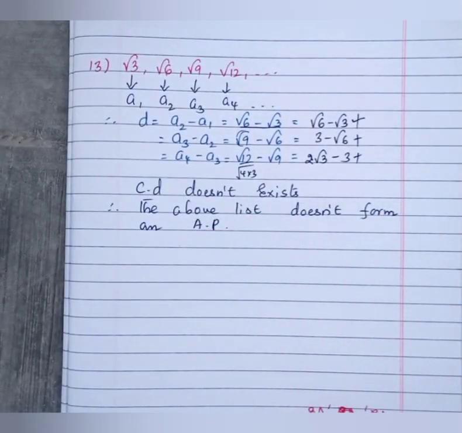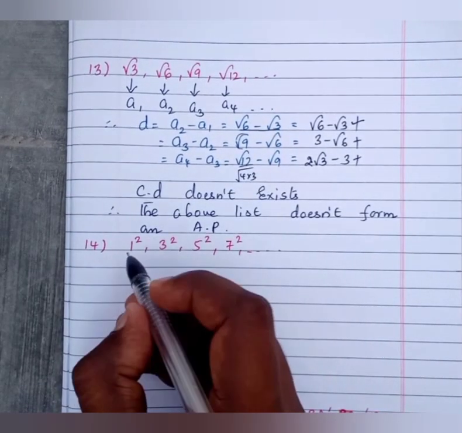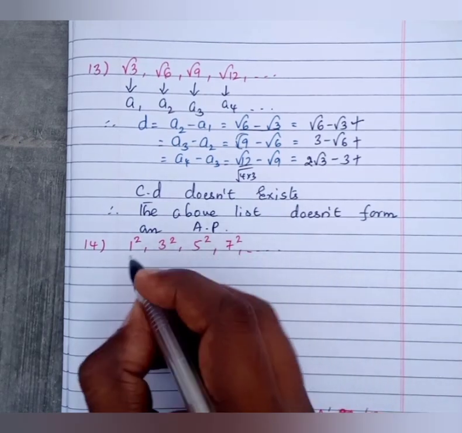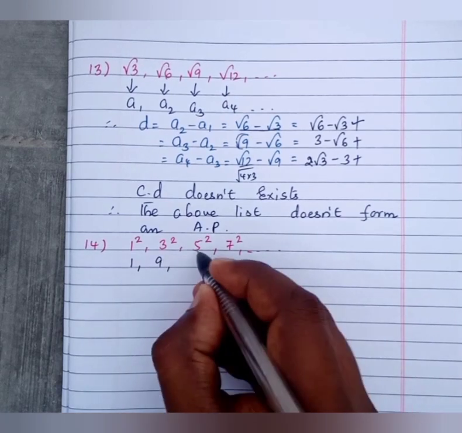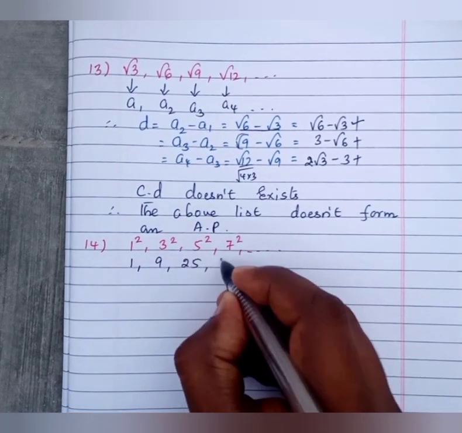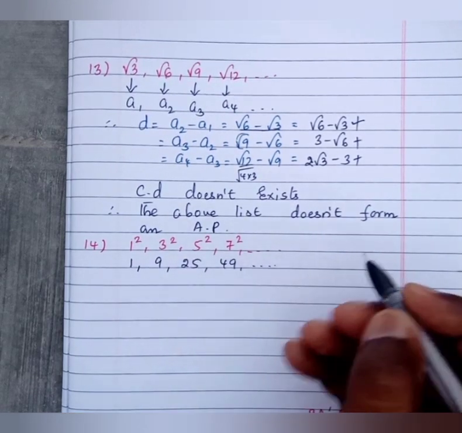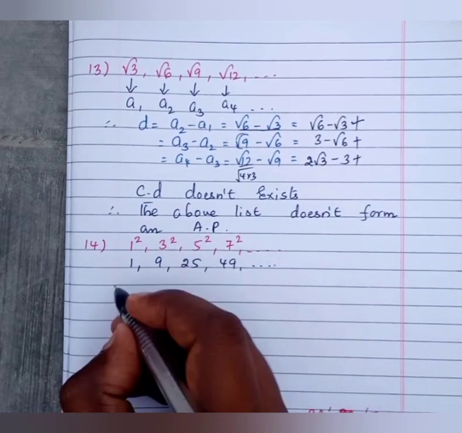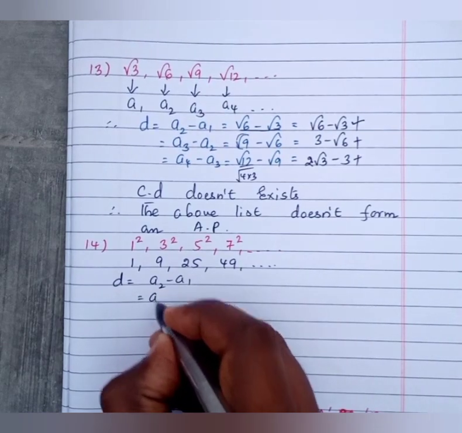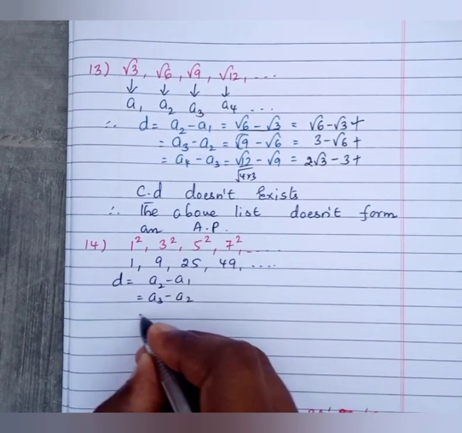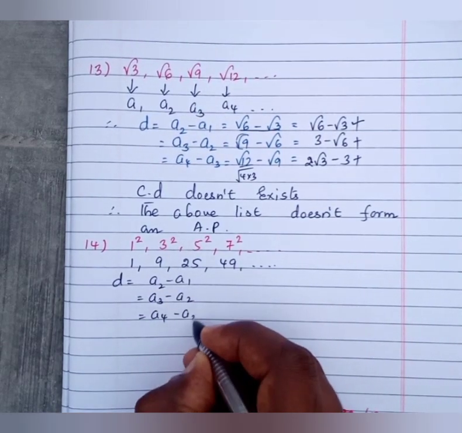Now moving to the next question: 1 square, 3 square, 5 square, 7 square and so on. Now I will simplify 1 square as 1, 3 square as 9, 5 square as 25, 7 square as 49. That is 1 into 1, 3 into 3, 5 into 5 and 7 into 7. Now we will find the common difference equals A2 minus A1, or A3 minus A2, or A4 minus A3.